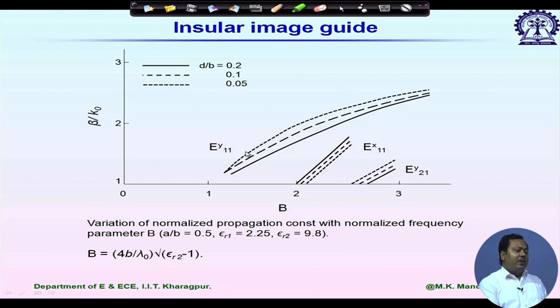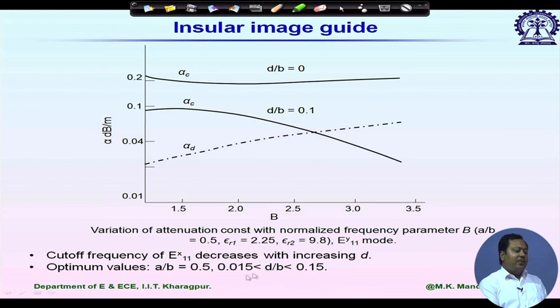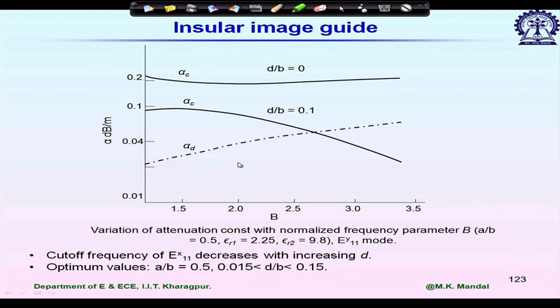The cutoff frequency decreases and the monomode bandwidth increases, but at the same time the line becomes dispersive. So the actual solution will be an optimum one in between these two extreme values, and the suggested value of d by b is 0.015 to 0.15.